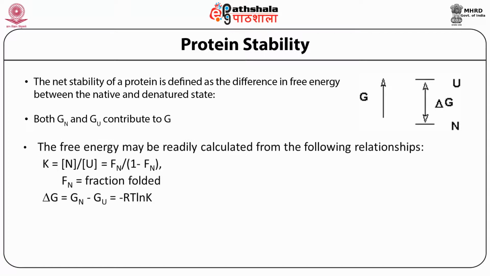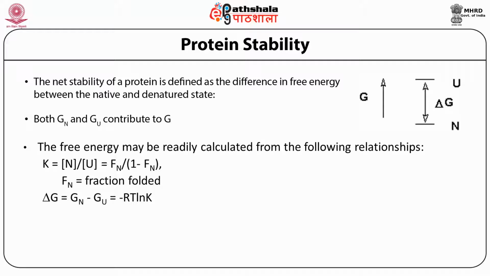The free energy may be readily calculated by a simple relationship: K equals the concentration of native protein divided by the concentration of unfolded protein, which equals the fraction of native protein divided by 1 minus the fraction of native protein. So delta G is simply the free energy of the native state minus the unfolded state, which equals minus RT ln K.